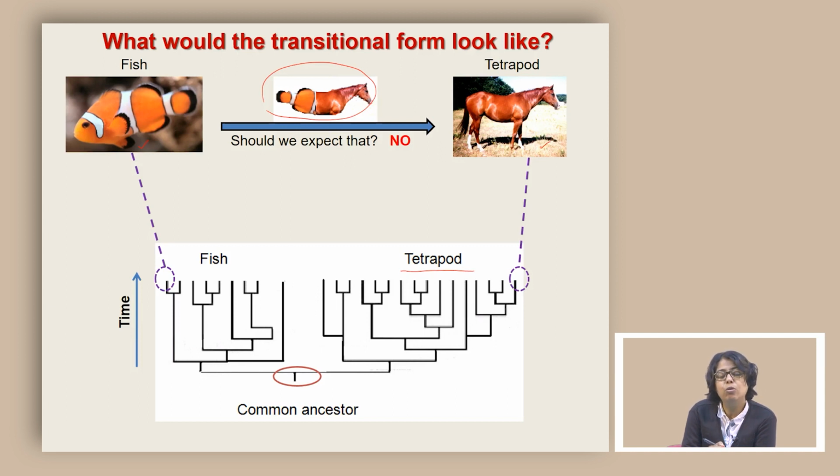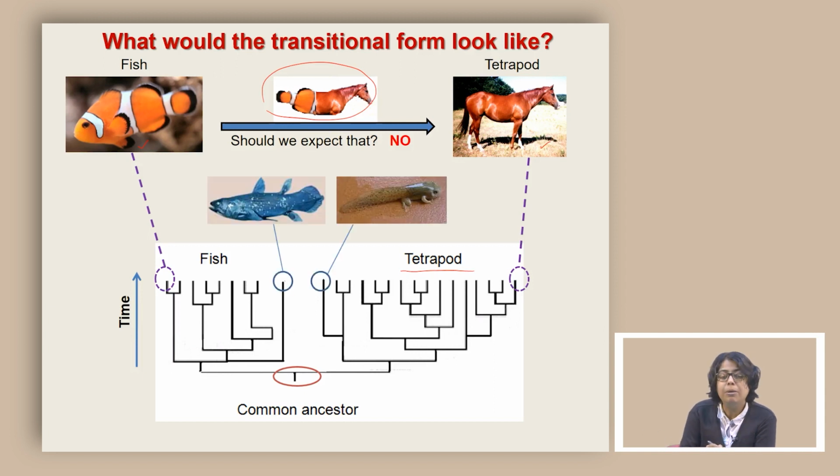You actually have to look for organisms which are representing very ancient fish and very ancient tetrapod, and then try to figure out what a transitional form might look like which will represent both the ancient fish as well as the ancient tetrapod. So, probably we are talking about things which are more like coelacanth and more like something like a salamander, and a transitional form between them. And that is what we are expecting to find in the fossil record.